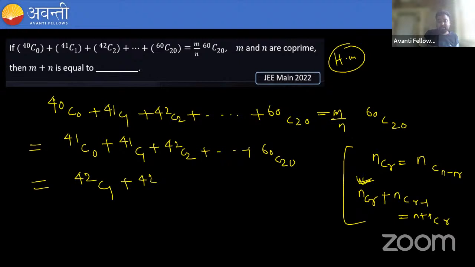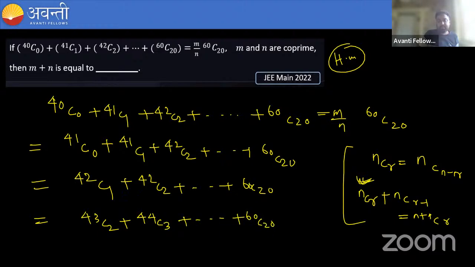Plus this is 42C2 up to 60C20. So similarly here also we can write 43C2 plus 44C3 up to 60C20. Yes or no?